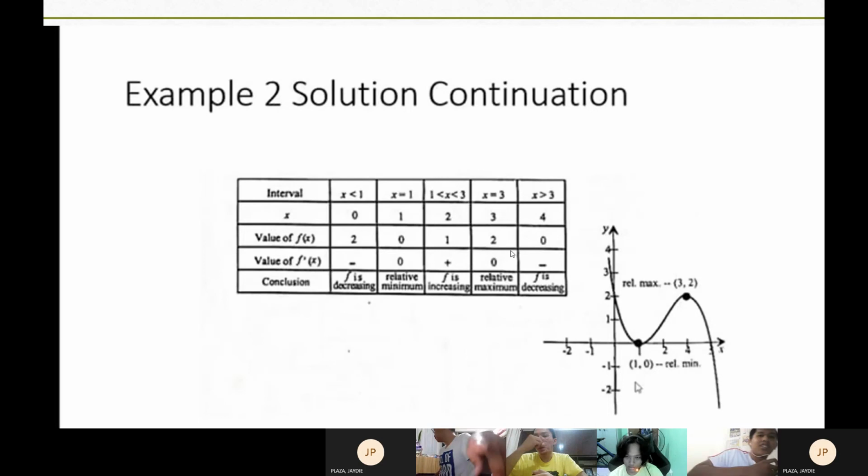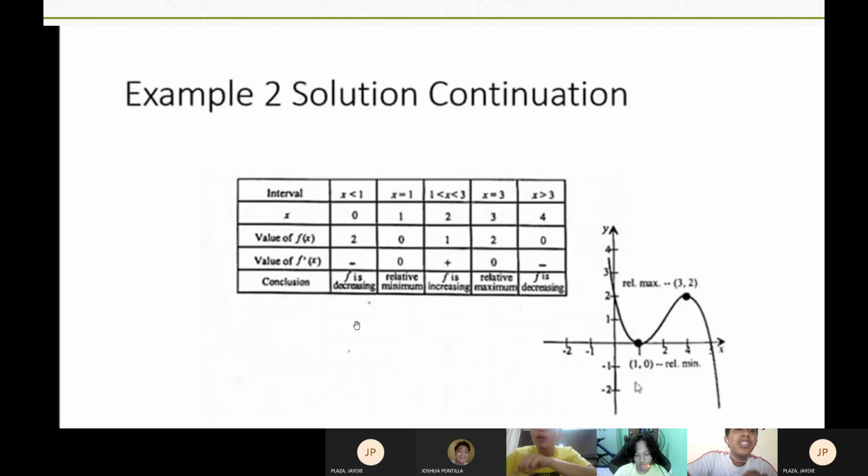Pang-apat na, no? Sa x uli ako? Diyan, sa may f prime x. Doon sa tinuturo na ni RJ.